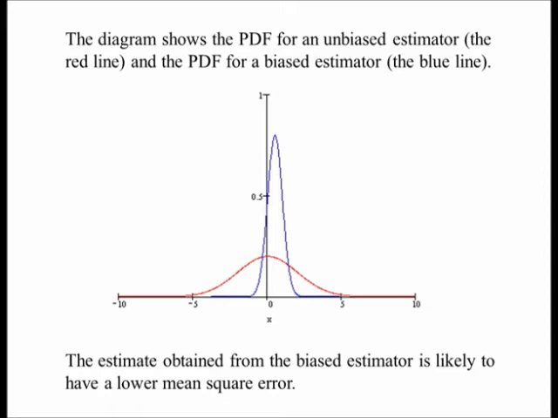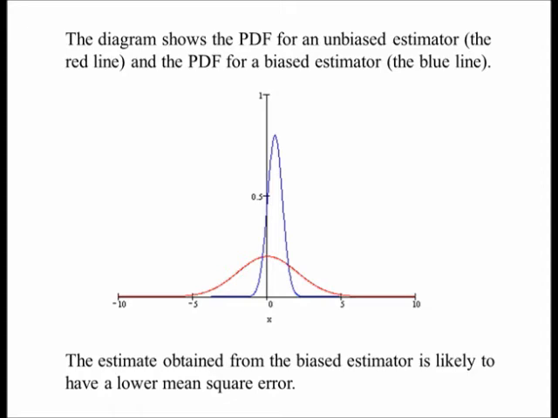Now, the red line illustrates the probability density function for an unbiased estimator, because you see it reaches a peak at 0. The blue line shows the probability density function for a biased estimator, and you can see it's biased because it reaches its peak somewhere to the right of 0. So this is a biased estimator.